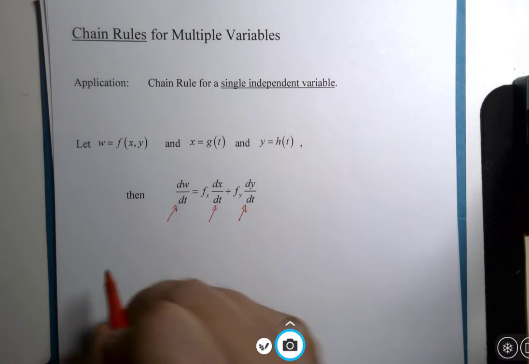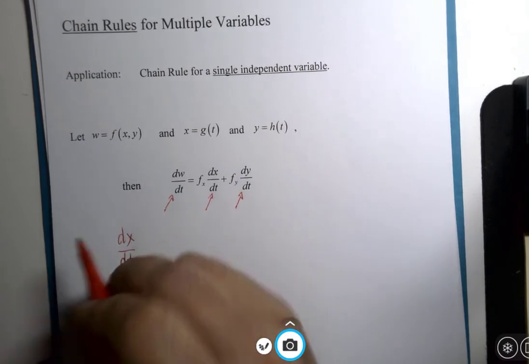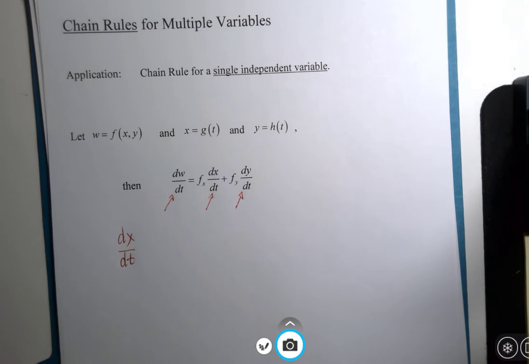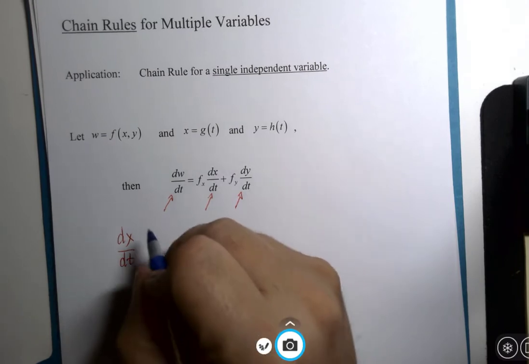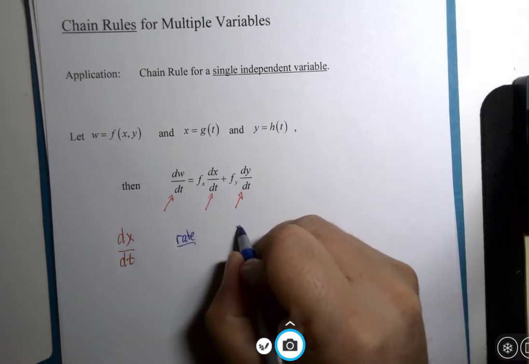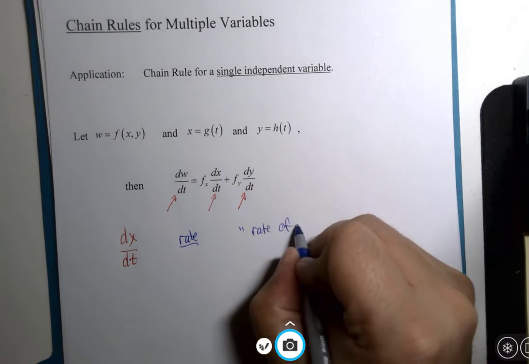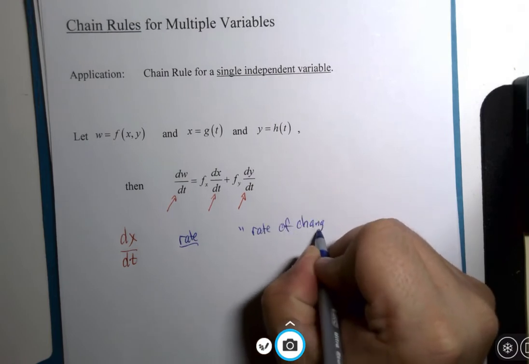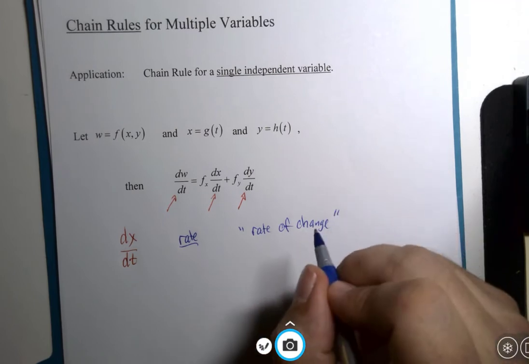we might consider something like this, something like that. It might be considered, well, lots of things. I mean, it's a derivative, but we could call it a rate or a rate of change or an instantaneous rate of change. There are a number of meanings.